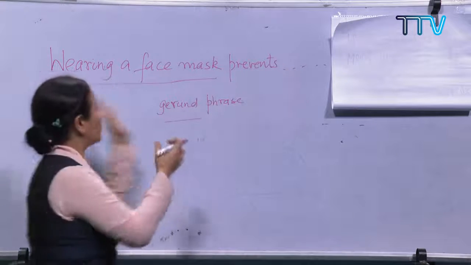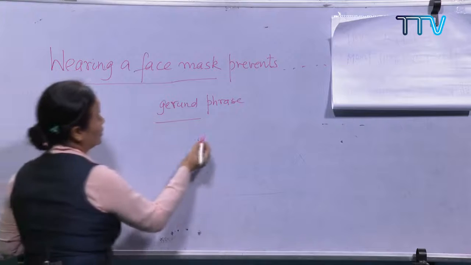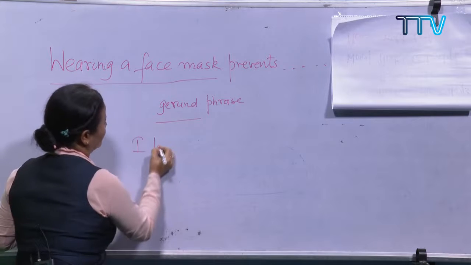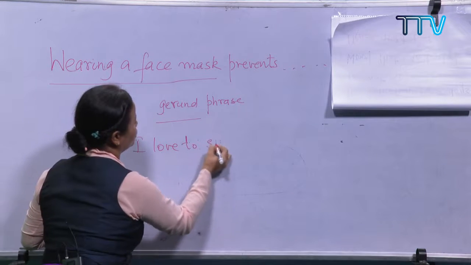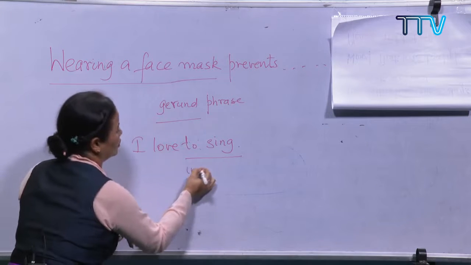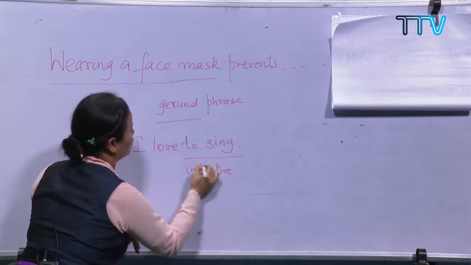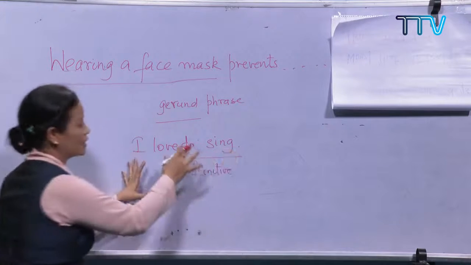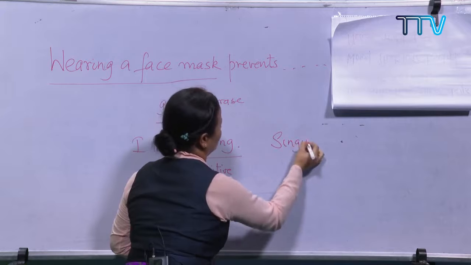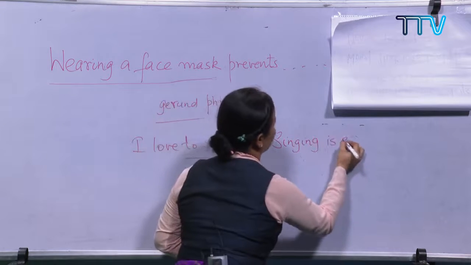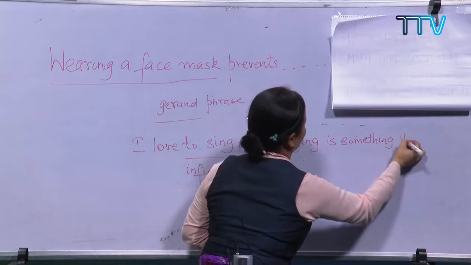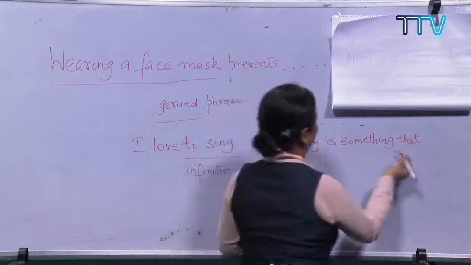Prevents something, right? So let me make it a little simpler by using another sentence. Okay. I love to sing, right? I love to sing. This is infinitive. Now the same sentence can be conveyed in another way. Singing is something that I love, or singing is my hobby, or I love singing, right?